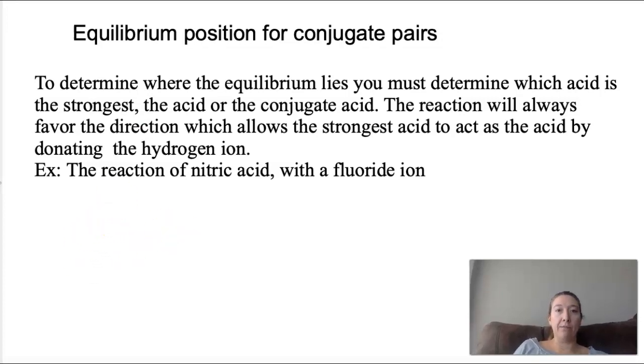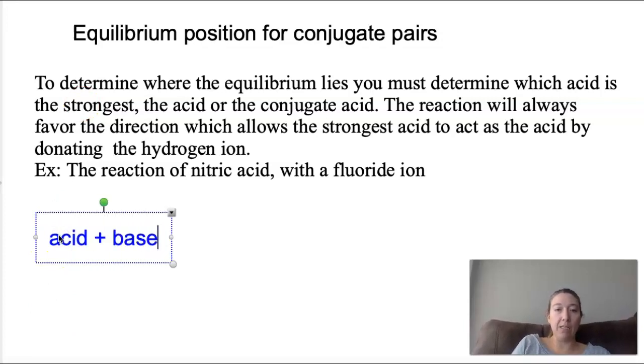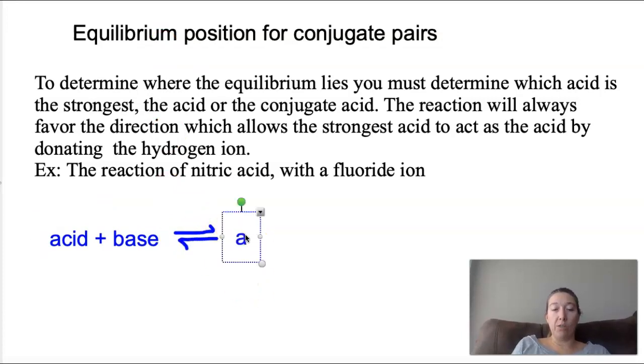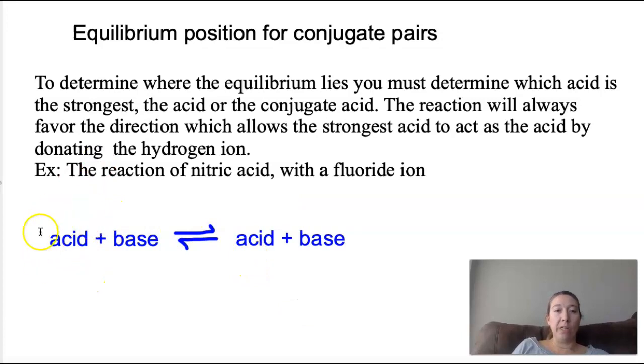So if I think about a general equation, we have an acid plus a base, and that's in equilibrium with their conjugates, right? So we're going to have another acid and base on this side. It tends to be easiest to figure out what is this acid, what is this acid. Go to the data table, figure out which one is stronger, and the stronger one's going to be the one that's higher up in the table.